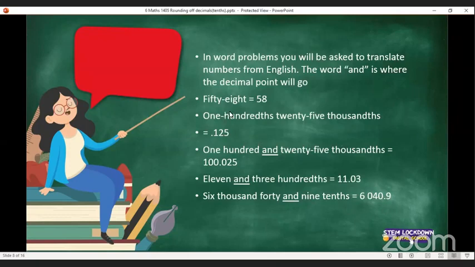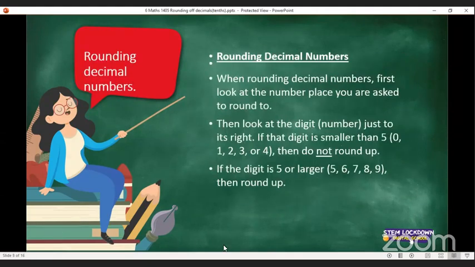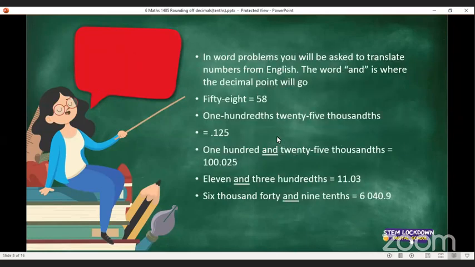So as I've said, in word sums you will be given such numbers, so you must be able to look at the wording that is used so that you can write the exact numbers that are required when you're asked to translate the number. Okay? And here again you have 125,000.